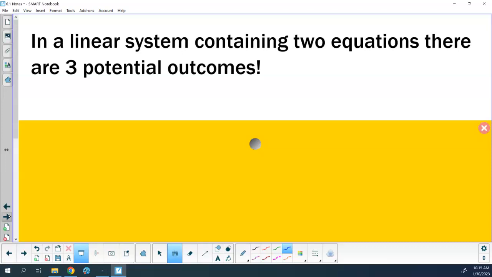Not so much perpendicular. Yes, they can be perpendicular, but perpendicular lines do what? They cross over each other, right? So they just intersect. So they can not intersect if they're parallel. They can intersect once, or can 2 lines intersect twice? All lines are straight.